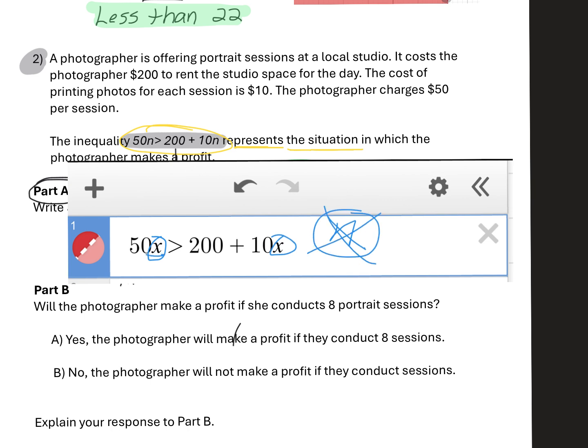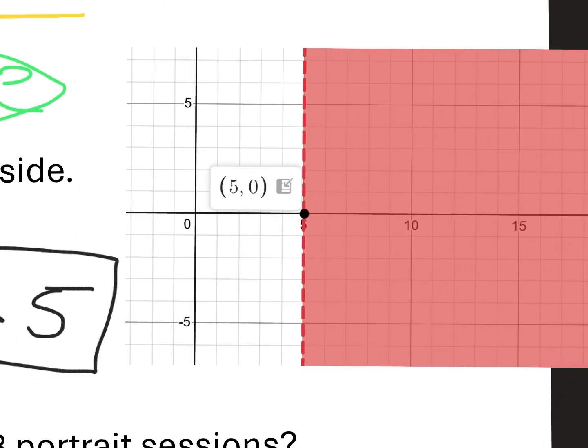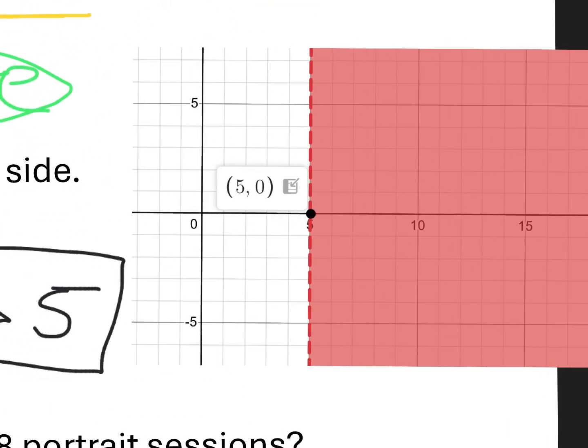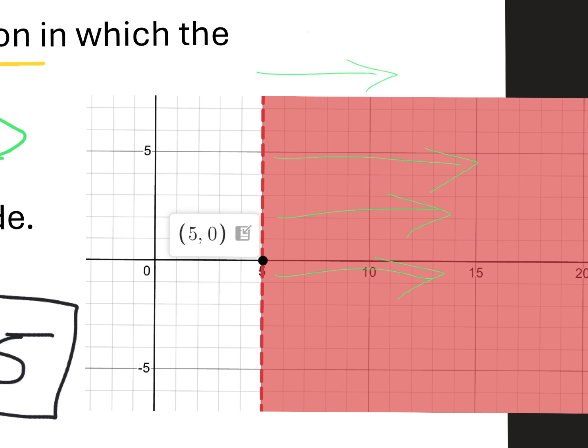So you would need to type in an x instead. If you type it into the Desmos calculator, the output you will get is that everything to the right of 5 is shaded, and so to the right is greater than.